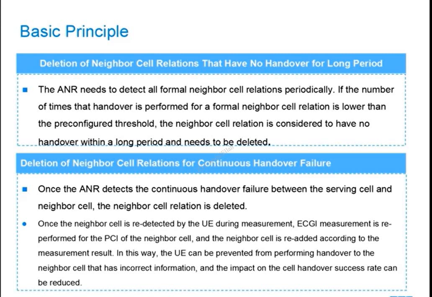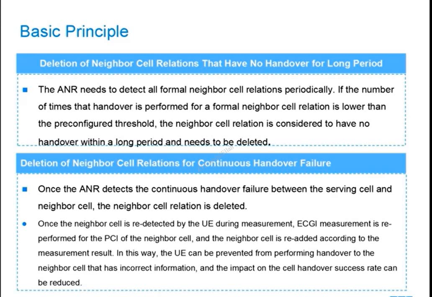And we also can delete the neighbor cell relations for continuous handover failure. If we detect continuous handover failure between the serving cell and the neighbor cell, the relation can also be deleted.